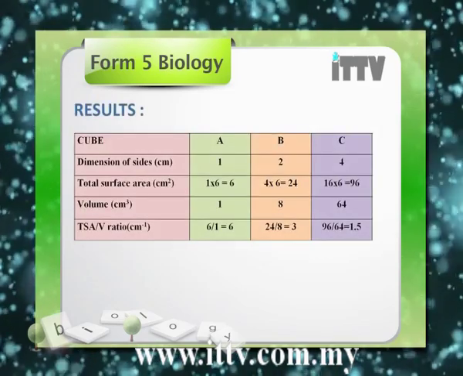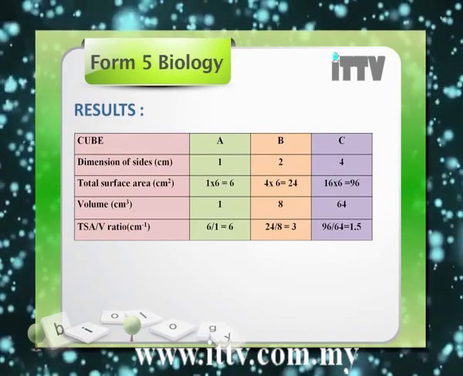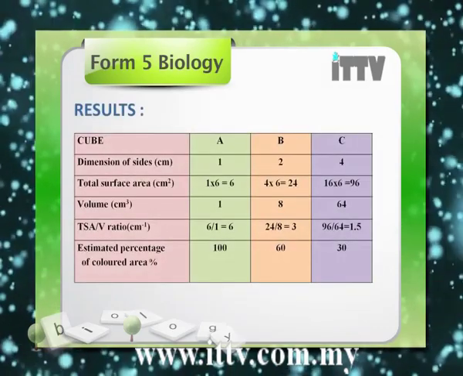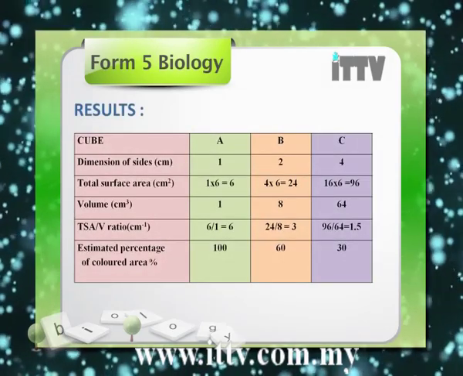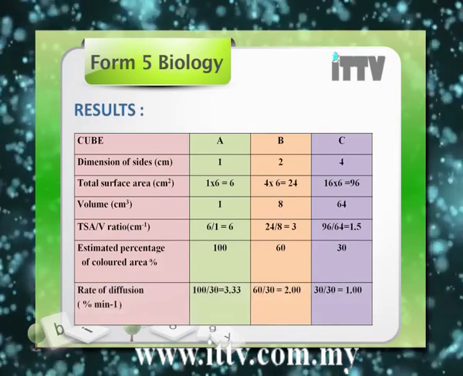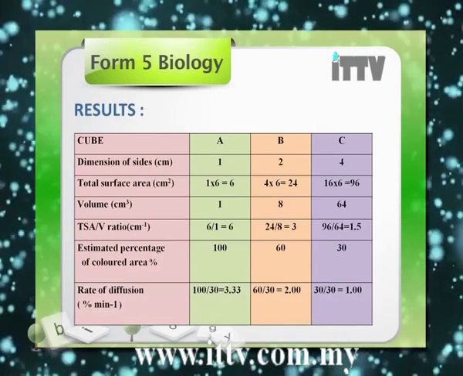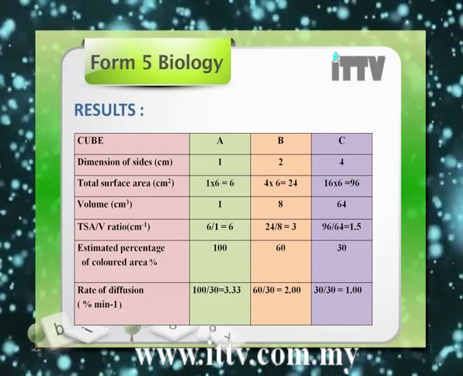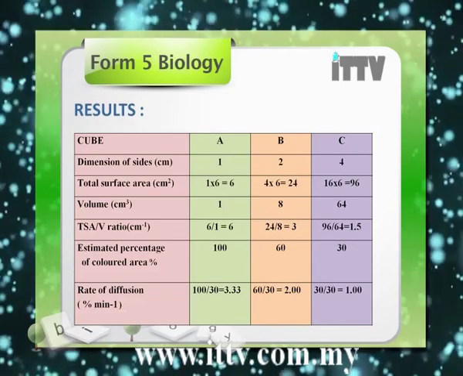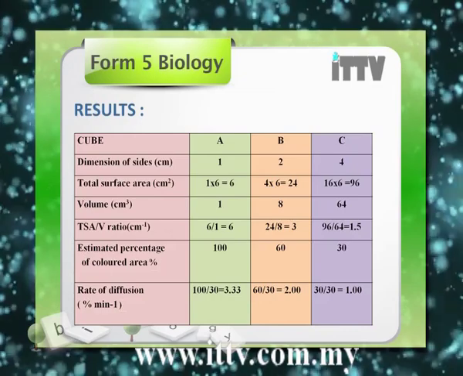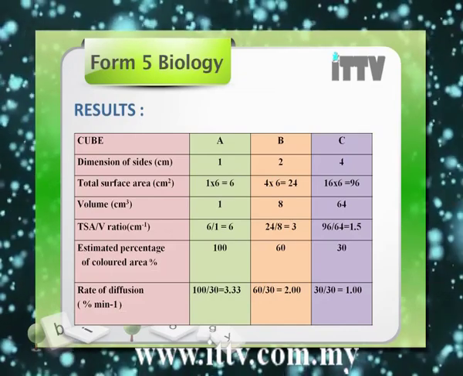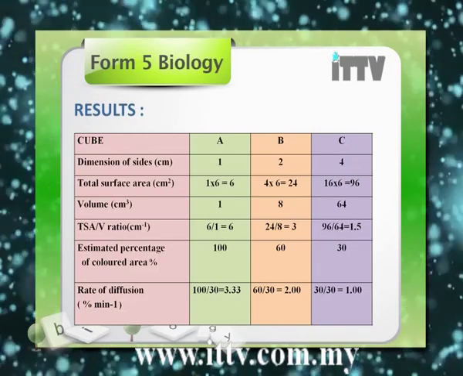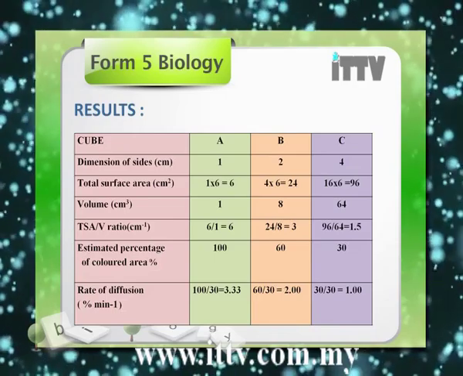The ratio is 6, 3 and 1.5, and the estimated percentage of colored area is 100, 60 and 30. Hence, we can calculate the rate of diffusion, the percentage over time. In this case, 100 divided by 30 minutes becomes 3.33 percent per minute, then 2 percent per minute and 1 percent per minute. Hence, our hypothesis is proven right.